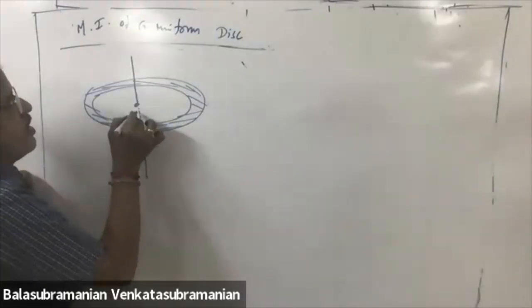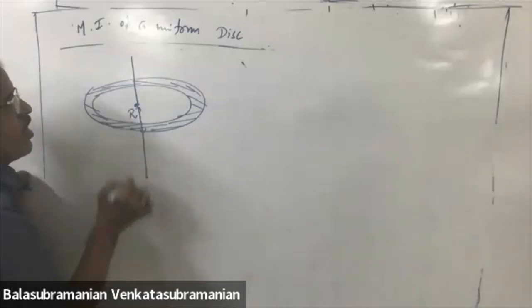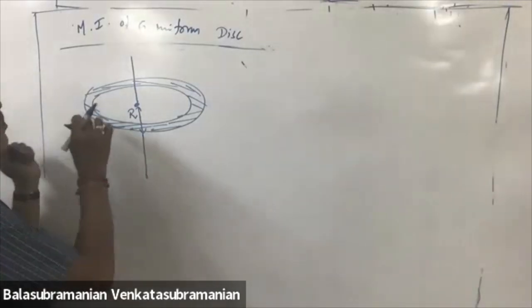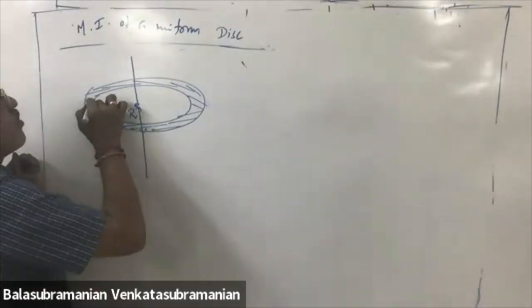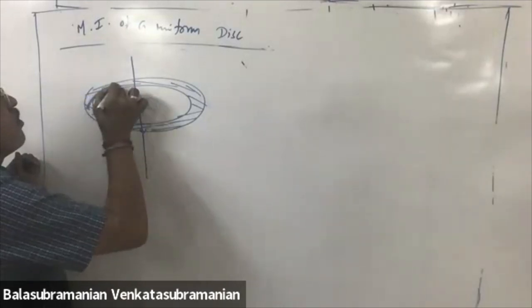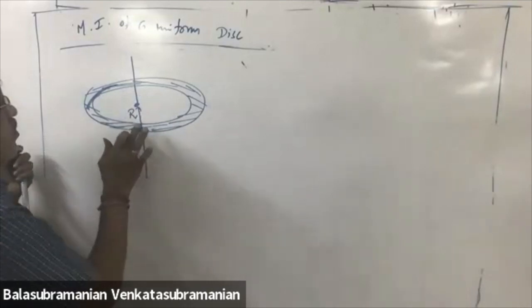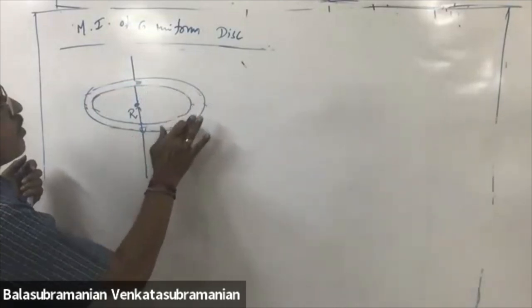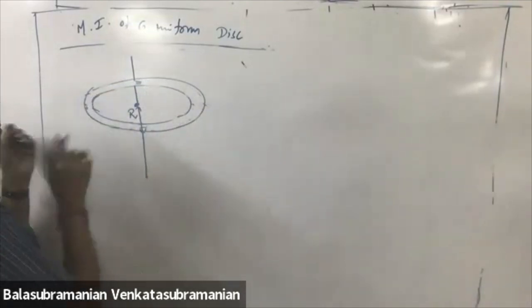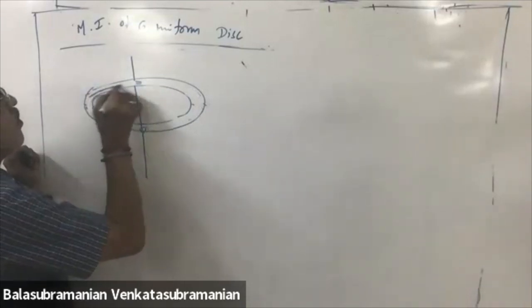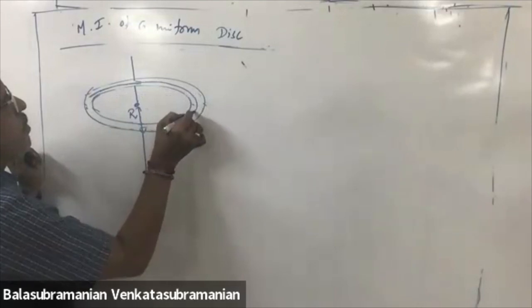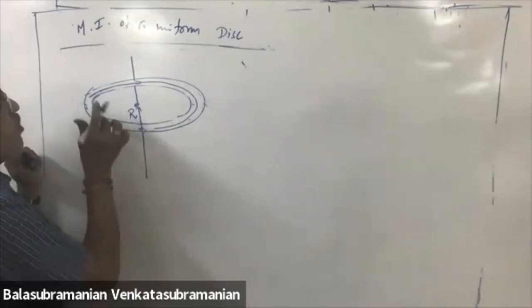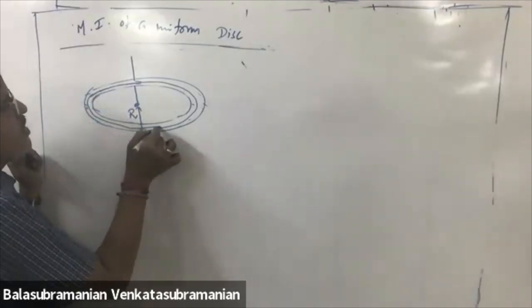Origin, radius, you take it as capital R. You are considering a small portion here. Small portion of the disk you are considering.